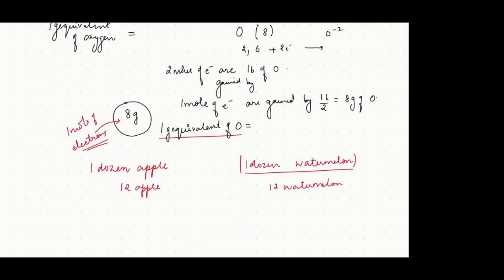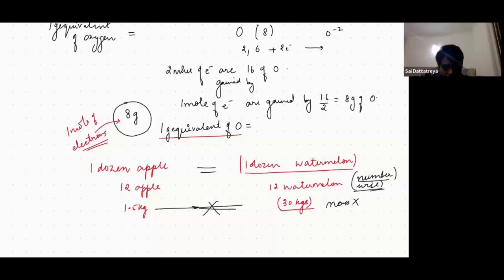But mass wise, 1 dozen apples might be 1.5 kgs, whereas 1 dozen watermelons might be 30 kgs. Mass wise, they would be different because obviously the watermelons are heavier and apples are smaller and lighter. So number wise they are the same, but mass wise they are not the same.